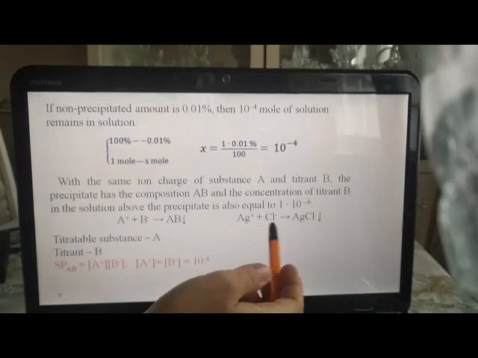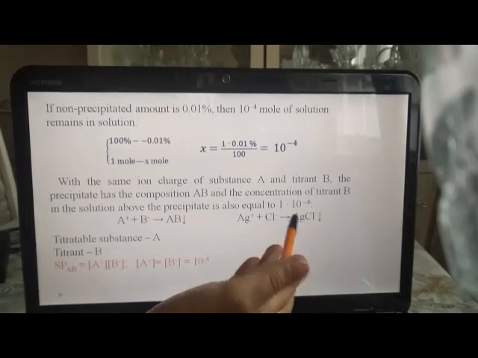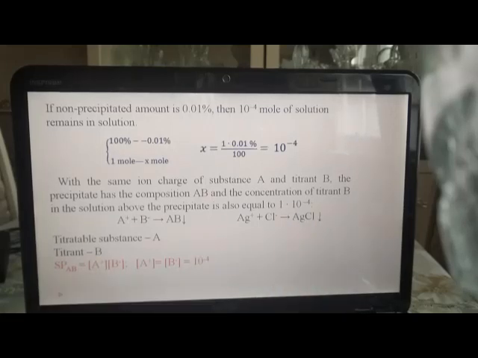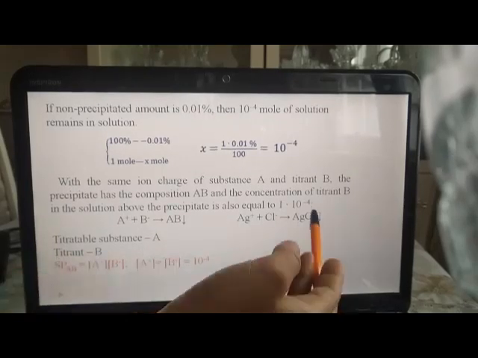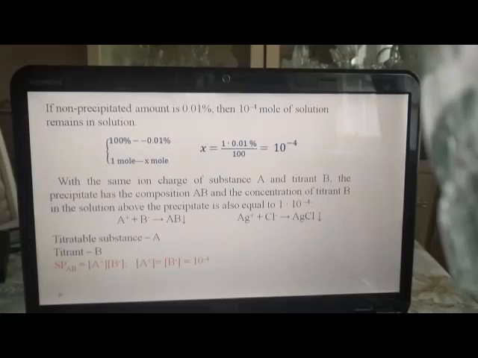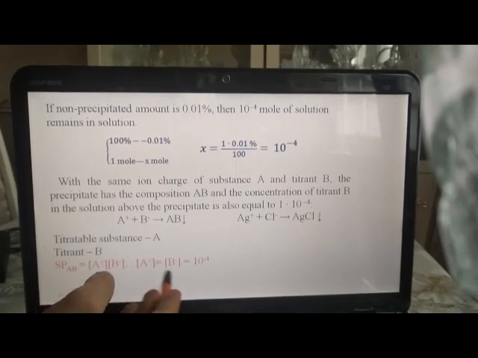For example, silver ion plus chloride form the silver chloride precipitate, with titrable substance A and titrant B. The solubility product for the formed substance AB is equal to the concentration of anion A multiplied by the concentration of substance B, and they both equal 10^-4.